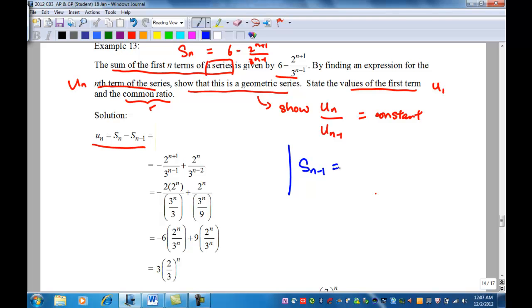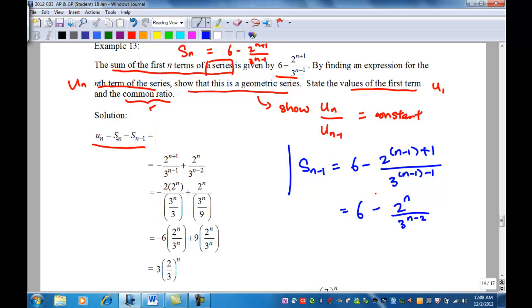From the expression for the sum to n terms, we replace n by n minus 1, so we will have 6 minus 2 power n over 3 power n minus 2.